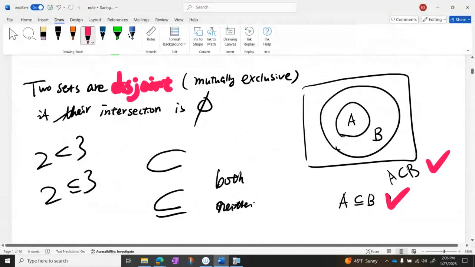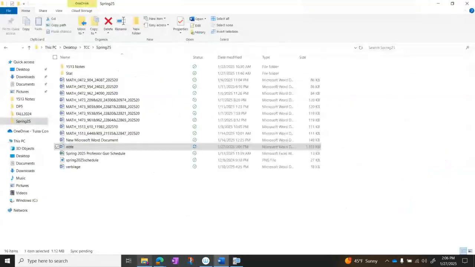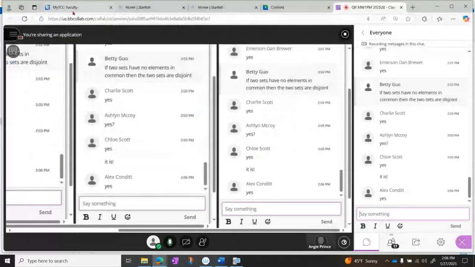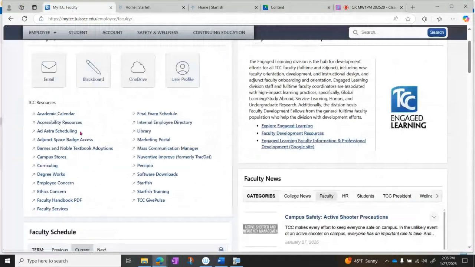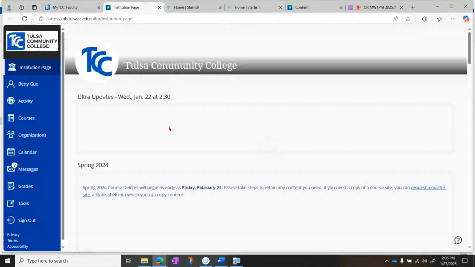Let's look at a problem in a guided note. Let me get my note very quickly, all right? And let me show you how to download the guided note. So let's go to our Blackboard course shell.